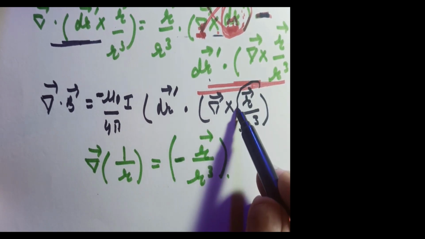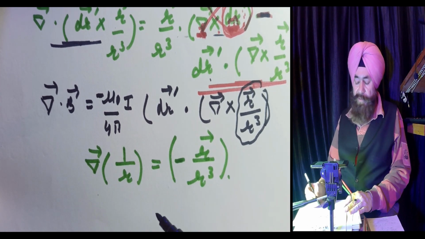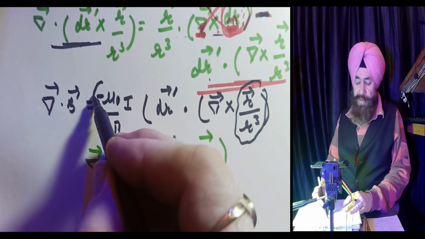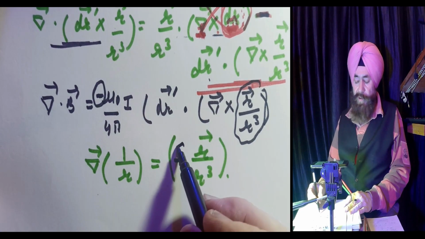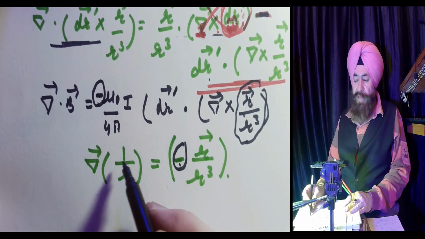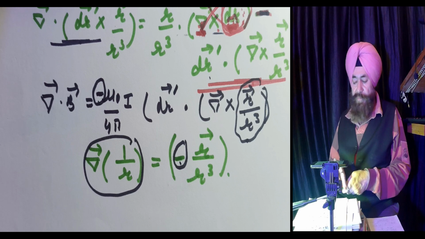Okay, then instead of this, I can write it here, and minus sign is also there. So we need minus sign and this part, and instead of this, writing this one.